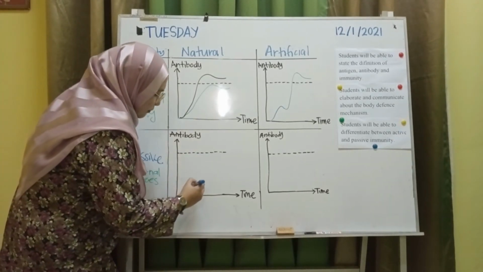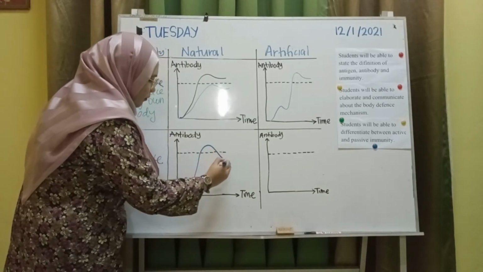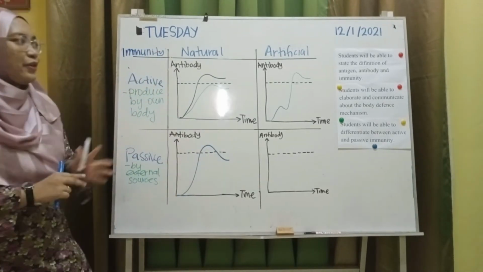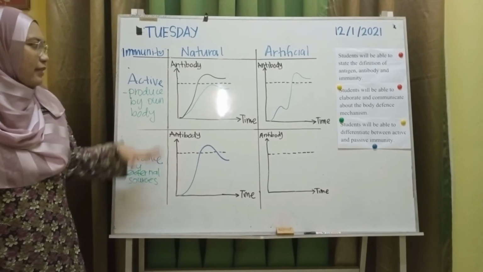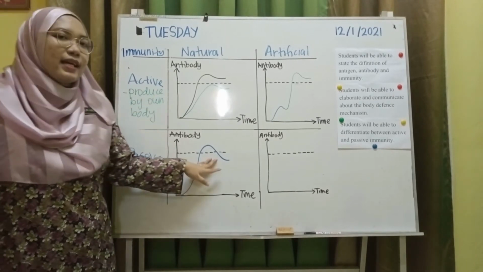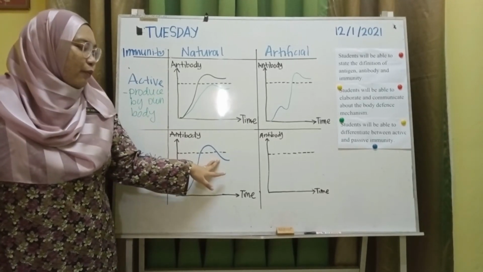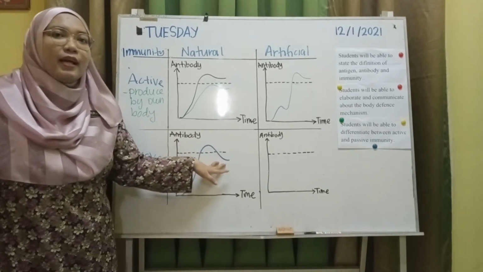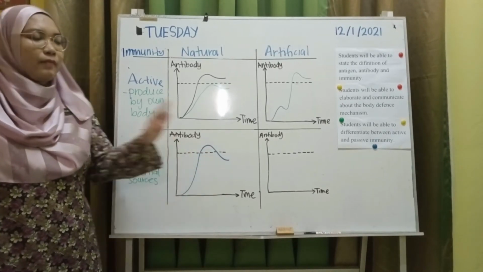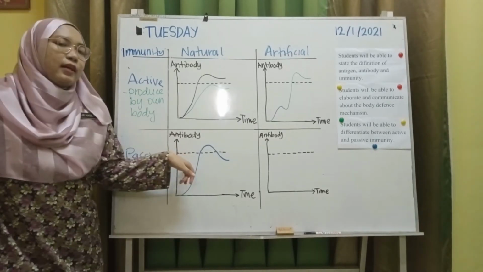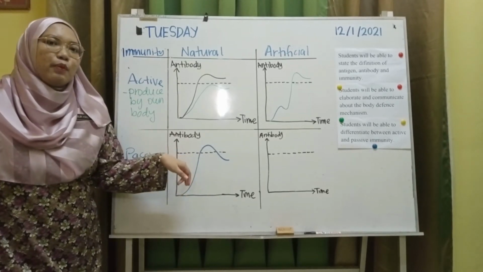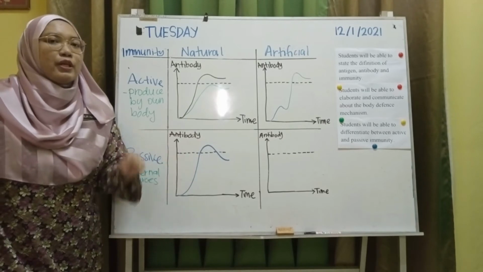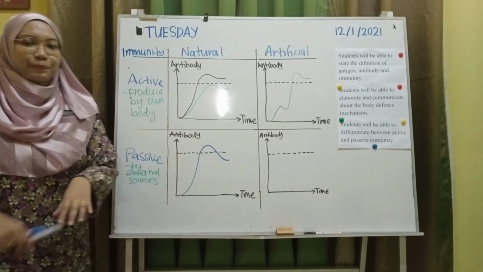Yes. However, you can see the difference between passive and active, which is that this antibody will decrease below the immunity level. So this type of immunity will only be maintained for a short period of time.